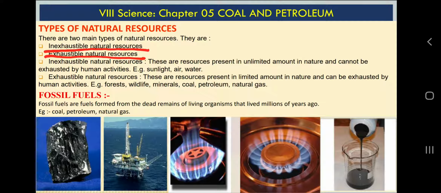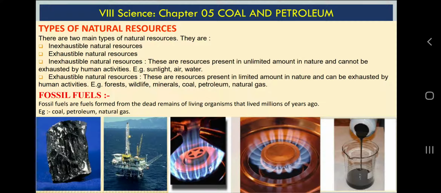The same thing with the same circumstances cannot happen again. There is very less probability, so we are not going to have more coal and petroleum if we finish the existing ones. That is why these types of resources are called exhaustible.